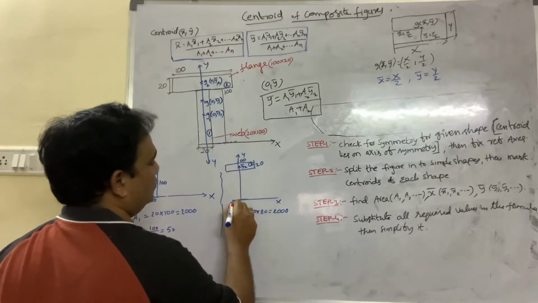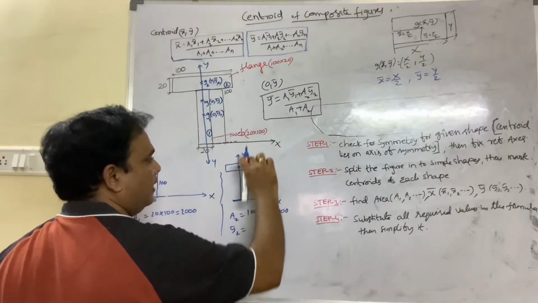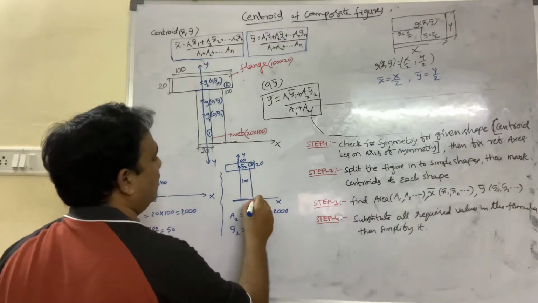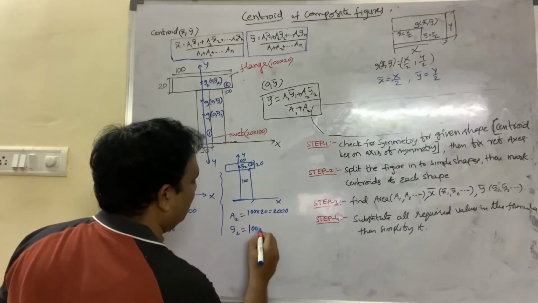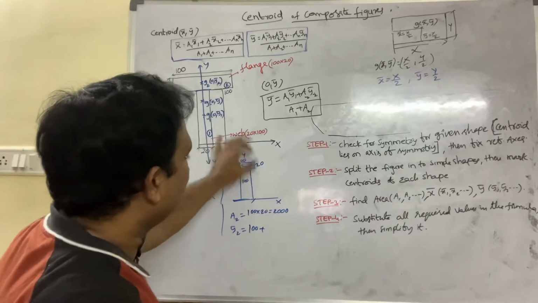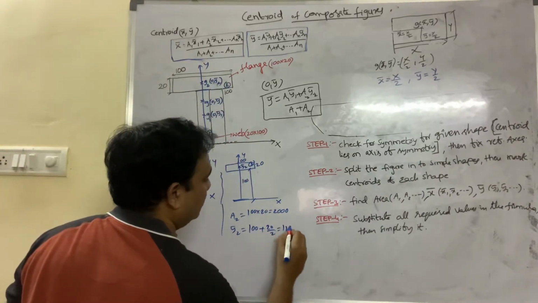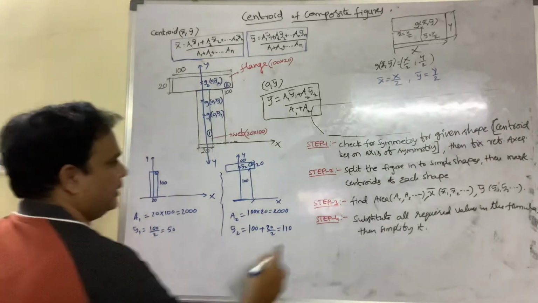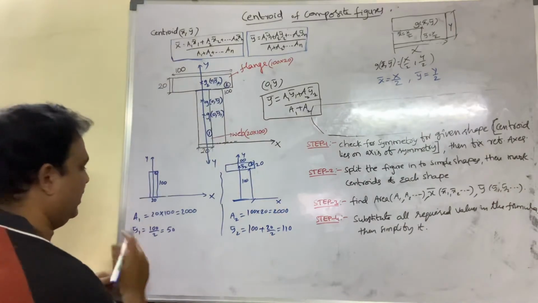The second section is located at a height of 100 mm above the x-axis, that is 100 plus. For this rectangle, what is y2 bar? Vertical distance by 2, that is 20 by 2, that means 110. After knowing these four values, the last step is substitution of all required values in the main formula, then simplification.